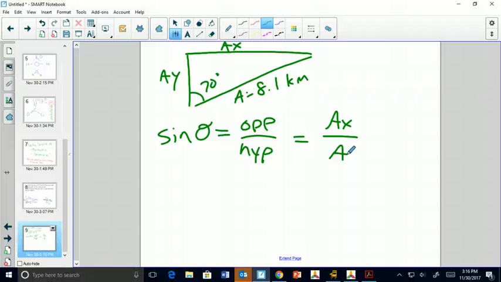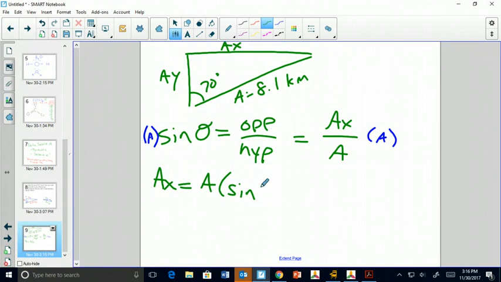If I solve this to get AX by itself, because of course that's what we don't know, I'm simply going to multiply by A on both sides, right? So therefore AX is equal to A times the sine of theta. Let's plug in our numbers. So AX is equal to 8.1, that's our value of A, that initial number we were given, times the sine of 70 degrees.